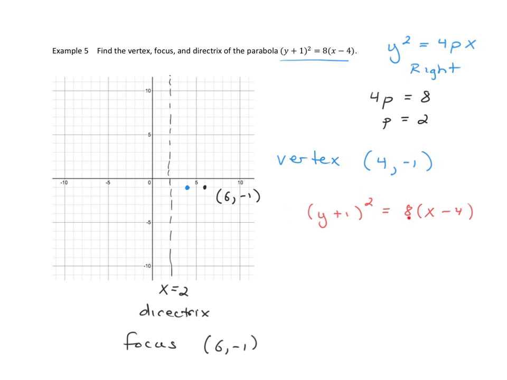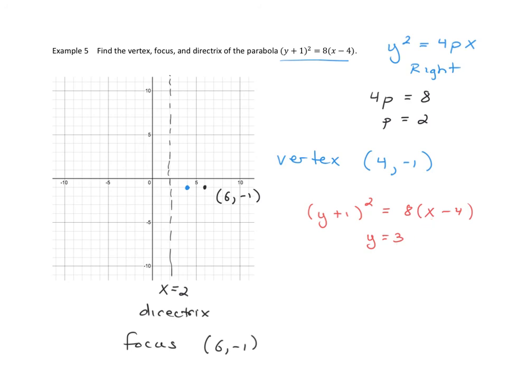If I can evenly divide 8 into it, then I can divide 8 to the other side and easily solve for x. So I'm thinking that if I put 3 in place of this y, 3 plus 1 is 4, and if I square 4, I get 16, and 8 divides into 16. So I'm going to choose my y value to be equal to 3, and then solve for the corresponding x value.